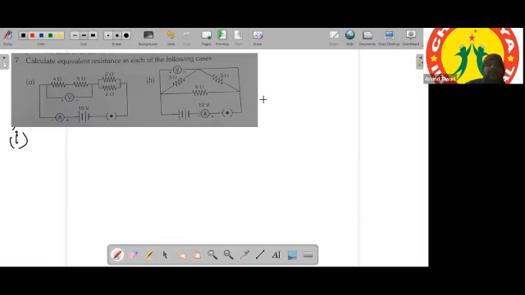See, for the first one, you have to first find out their series. So the series of 5 and 4 will be 9. So this will produce a resistance R of 9 ohm together. And the parallel of 2 and 2 will create a resultant of 1 ohm.